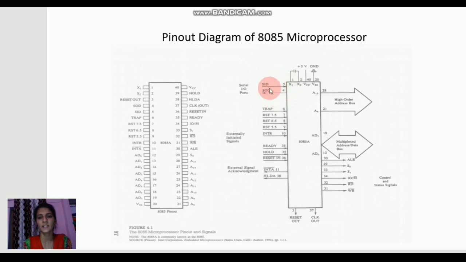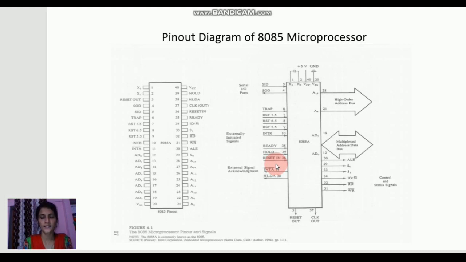A few of the externally initiated signals include interrupts like TRAP, RST 7.5, RST 6.5, RST 5.5, and other signals like ready, hold, reset in. INTA is given by the processor to indicate that it has acknowledged the interrupt, and similarly HLDA to indicate that it received the hold signal.